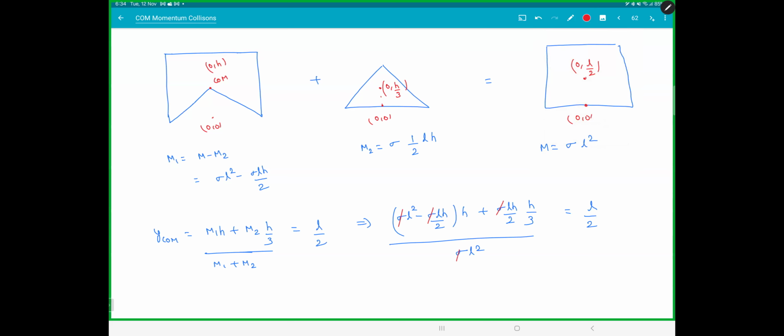One L is also common. This gives LH minus h square by 2 plus h square by 6, equal to L square by 2. So this will be L square by 2 minus LH plus h square by 3 equal to 0. Check.